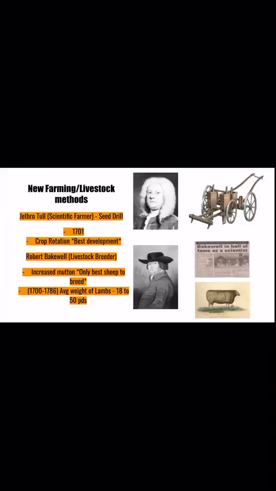Robert Bakewell, a livestock breeder, increased mutton, which is sheep meat, by only letting his best sheep breed. From 1700 to 1786, the average weight of a lamb went from 18 to 50 pounds, which gave the best product, or produce.